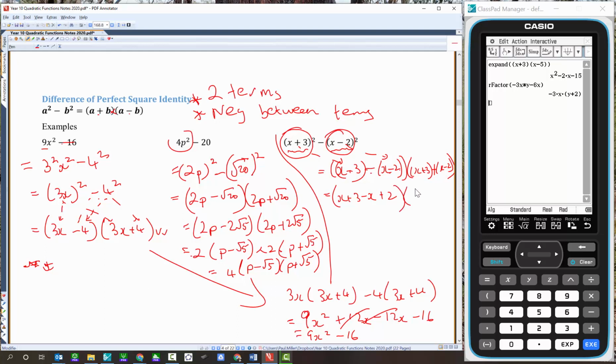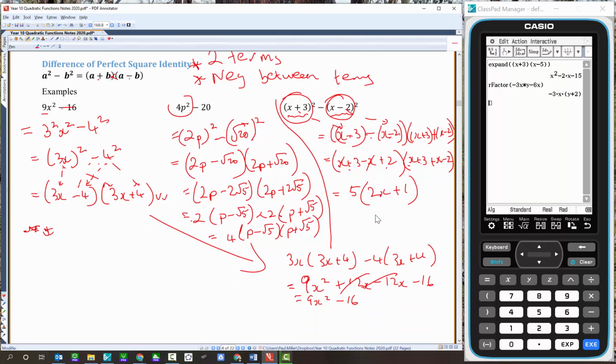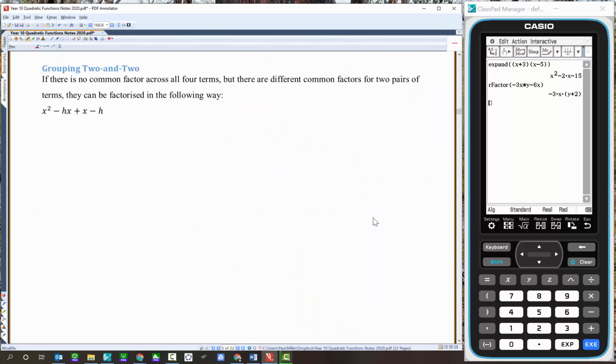And over here we've got x plus 3 plus x take 2. Let's start to clean this up. x take x cancels out. 3 plus 2 is 5. x plus x is 2x. 3 take 2 is 1. And there's our answer.